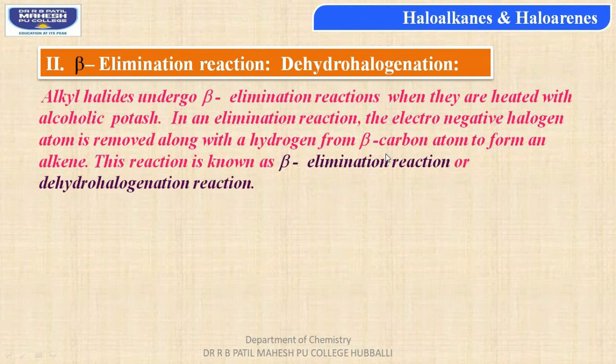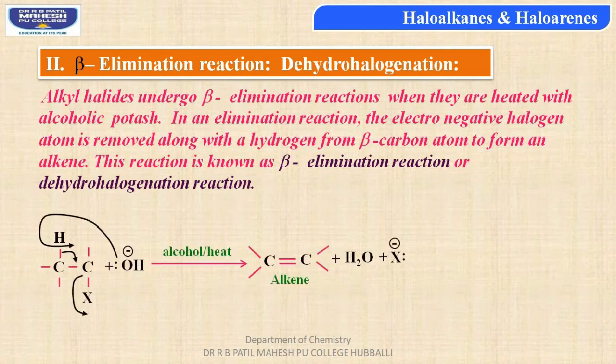The electronegative halogen atom is removed along with a hydrogen atom from beta carbon atom to form an alkene molecule. So this reaction is called beta elimination reaction, students, and in this case we are removing one hydrogen and one halogen. Thus, it can also be called dehydrohalogenation reaction.